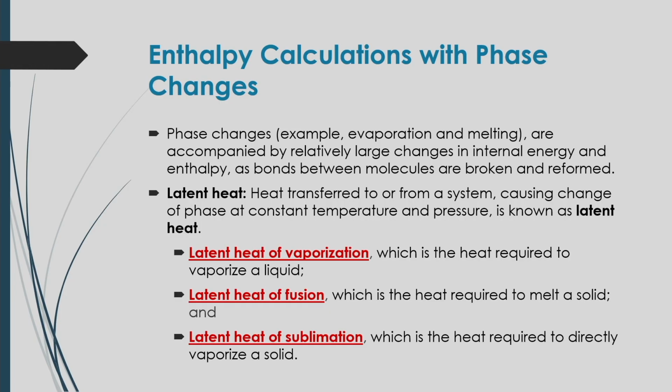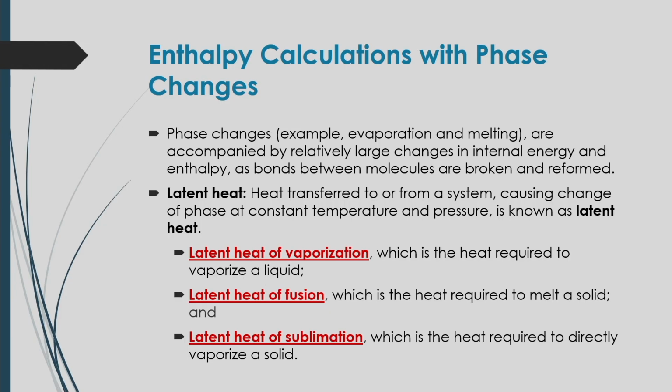There are different types of latent heat, like the latent heat of vaporization, which is required to vaporize a liquid; the latent heat of fusion, which is required to melt a solid; and the latent heat of sublimation, which is required to directly vaporize a solid.